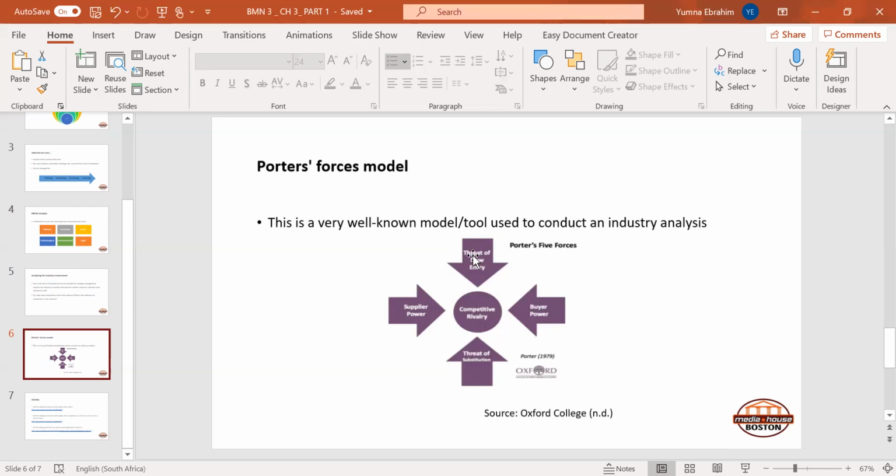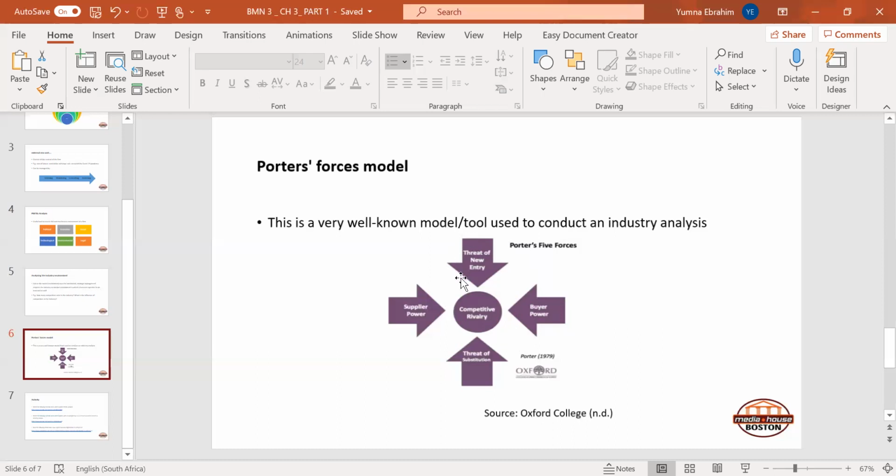Threat of new entry. So here we talked about this in economics last year, where we talked about barriers to entry in a particular industry. In some industries, you don't need lots of capital, machinery, infrastructure, and lots of money to enter that industry. So it's easy for new competitors.